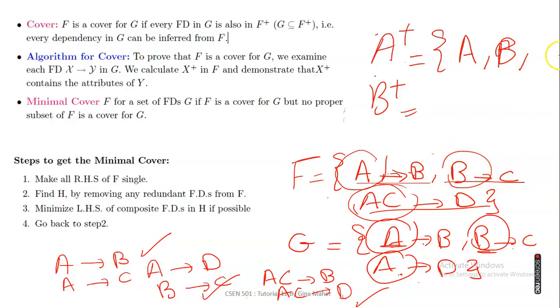B implies C, so C will be added. AC implies D. We have A and C, so D will be added.